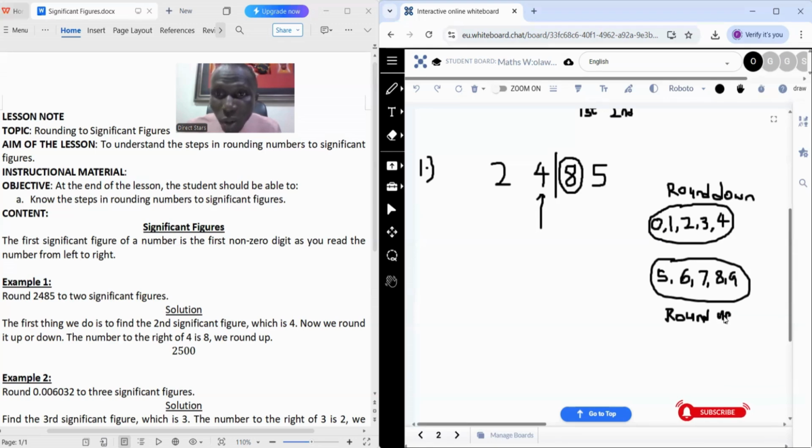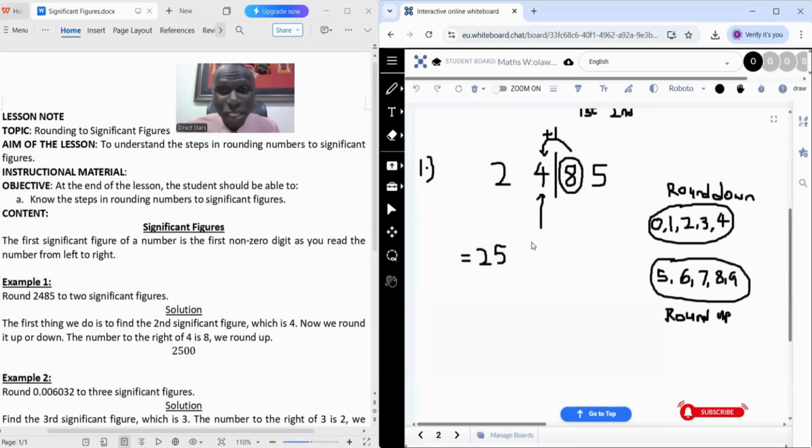And if you look at the number that's to the right of 4, you can see that we are to round this up. Then how are we going to round this up? We're going to add 1 to this 4. Adding 1 to 4, 4 plus 1, that's 5. So we're going to have 5.